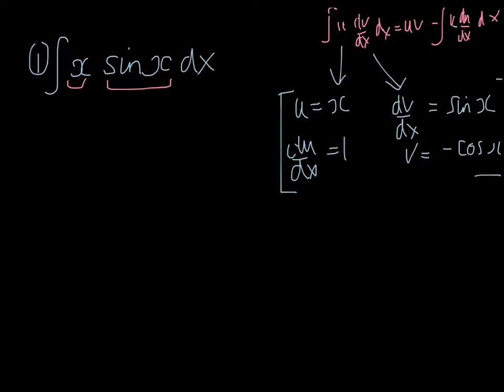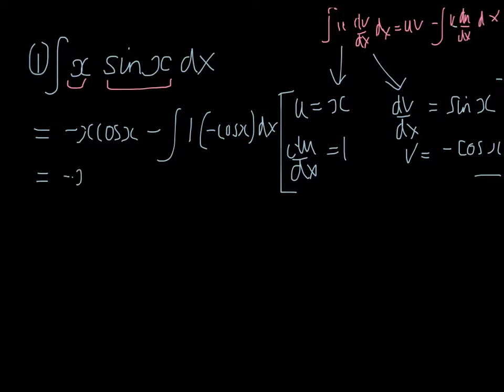So our u and our v dx, that's the left-hand side of the formula. The right-hand side is uv, so that's going to be minus x cosine of x, u times v, and then minus the integral of v du by dx. So that's minus the integral of 1 times minus cosine of x dx, using our two terms at the bottom of the substitutions there.